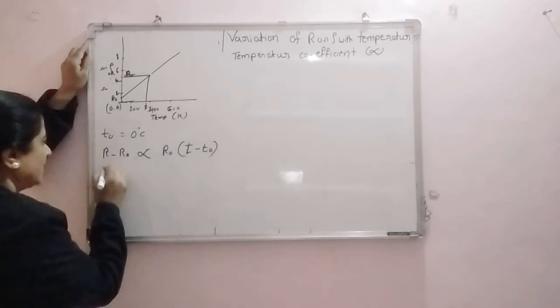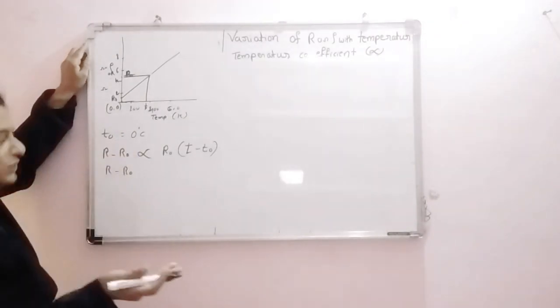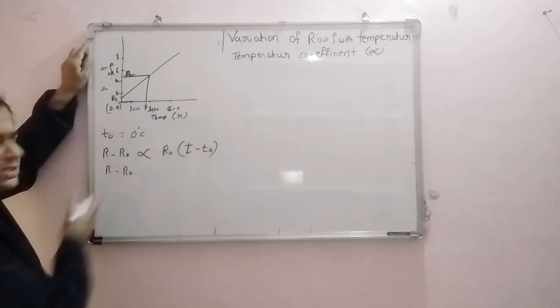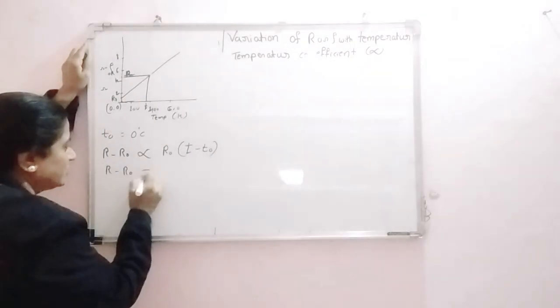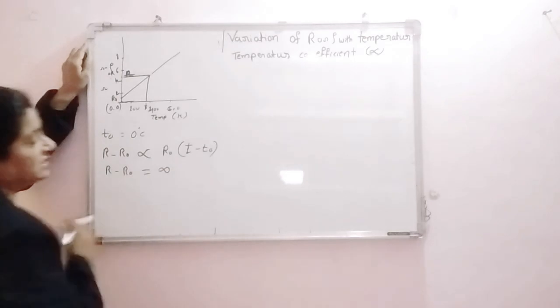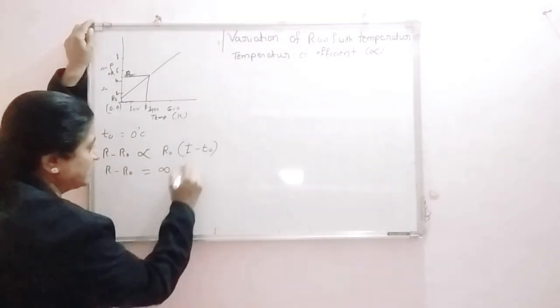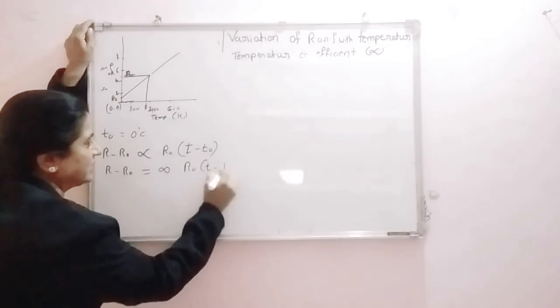That gives R minus R0, or considering the specific resistance, rho minus rho 0, equal to that constant we have to substitute. That constant is the temperature coefficient of resistance, into R0 into T minus T0.